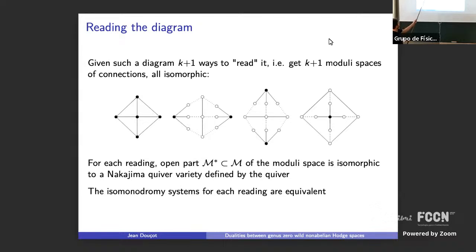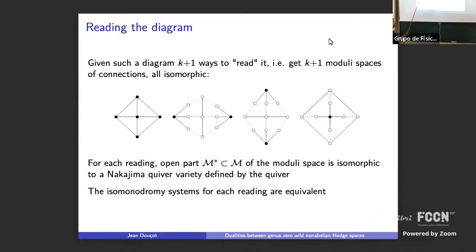In this example I have 3 subsets, so there is one reading which singles out none of the sets, and one reading for each of the three subsets. Each of those readings defines a moduli space of connections, which in general have different ranks and different numbers of regular singularities, but they are all isomorphic.